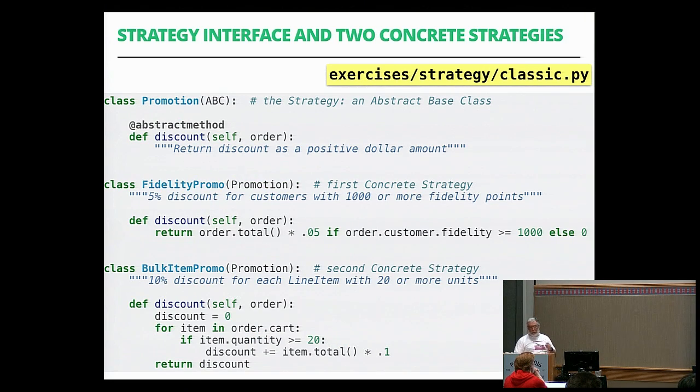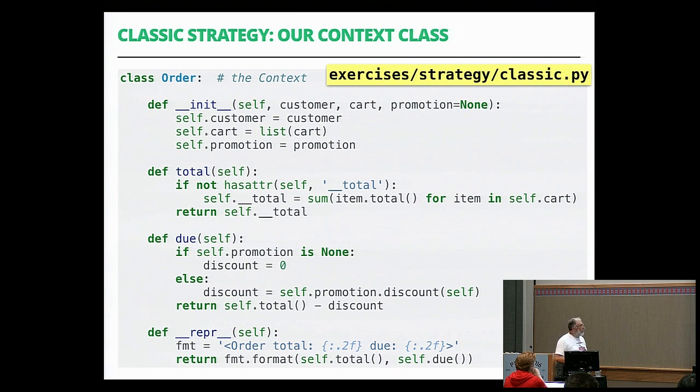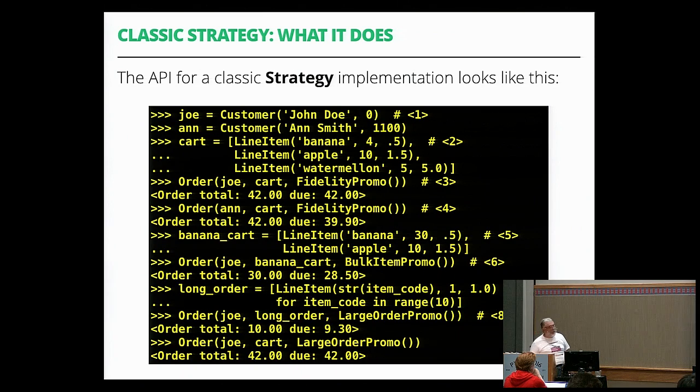Another thing is, if you read carefully the chapter in the Design Patterns book about this pattern, they say an interesting thing, that the fact that you have to instantiate this thing here is unfortunate, because if you're Amazon and you have millions and millions of orders, and you're applying that same promotion that has no state, you're still instantiating every time.